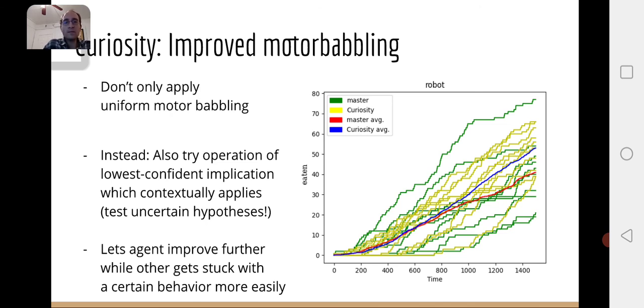But in NAS, because it actually knows the confidence of the different hypotheses, we can make it actually try operations corresponding to the lowest confident hypothesis, which contextually apply. So we force it to test uncertain hypotheses.